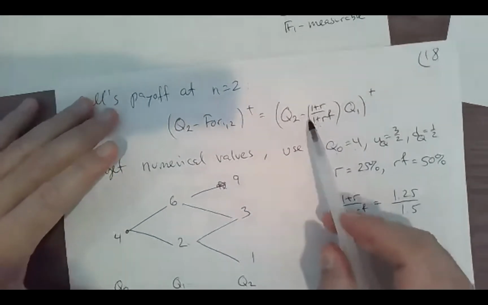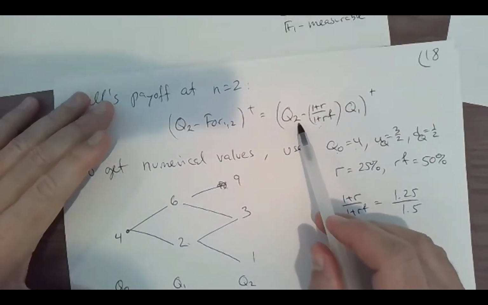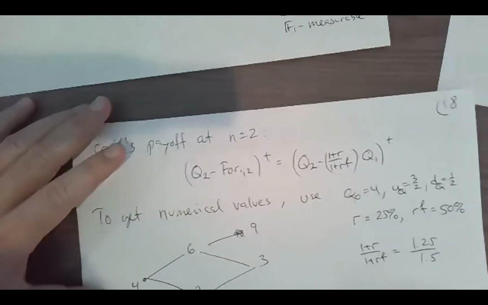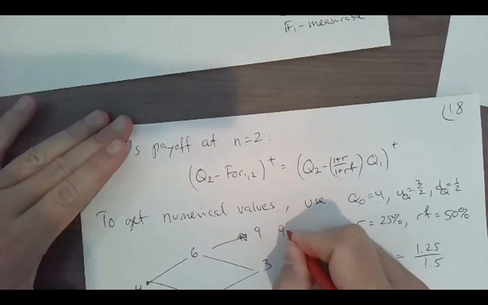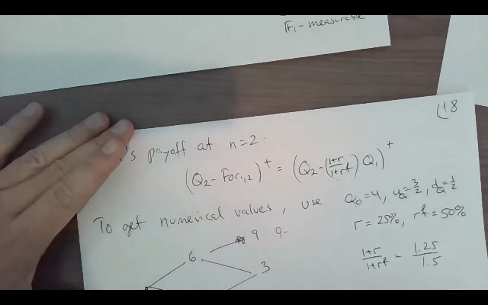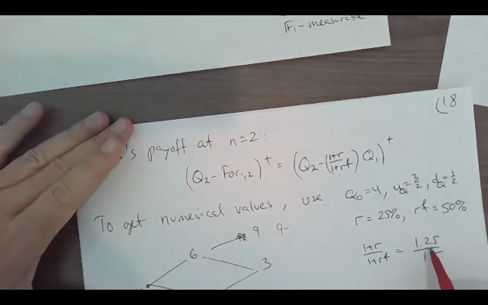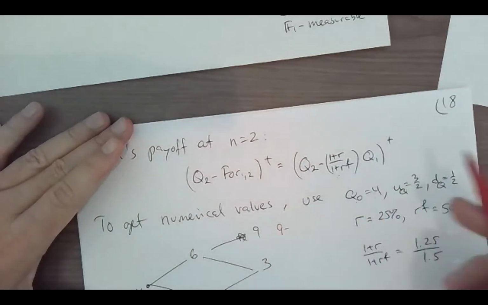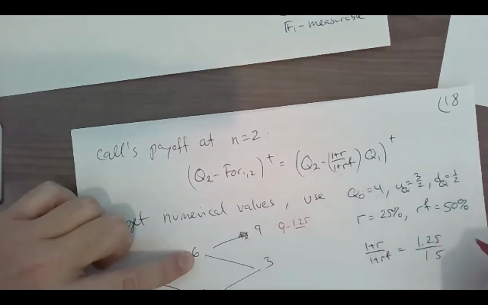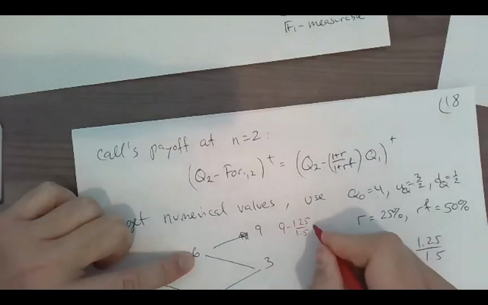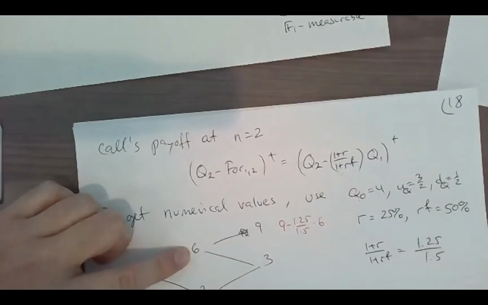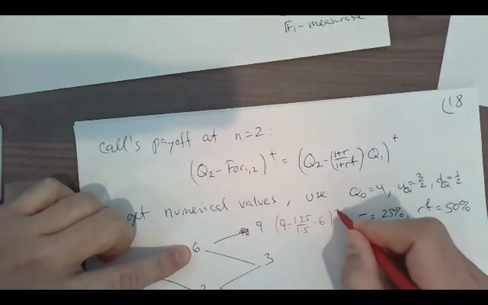So we will be interested in this payoff here. Maybe we should write that in red. So it will be 9 minus, should pick some better numbers here, 1.25 divided by 1.5 times the value of Q1 on this branch. This will be 6, positive part.